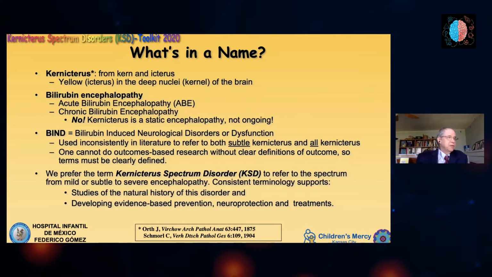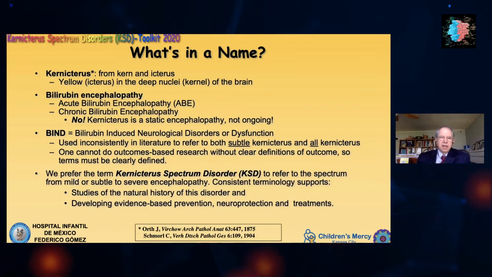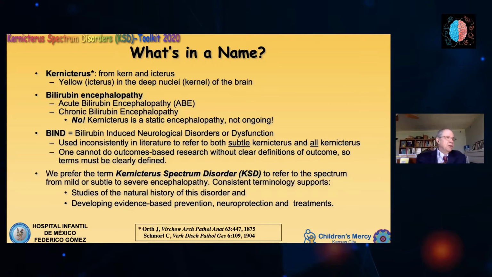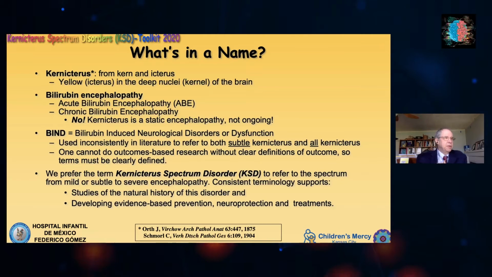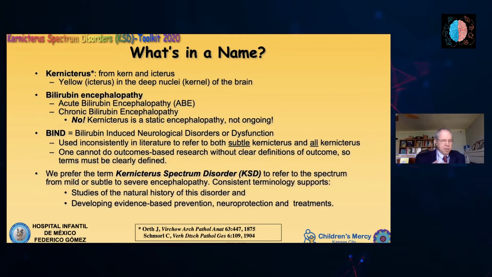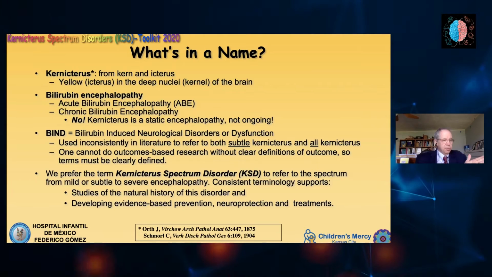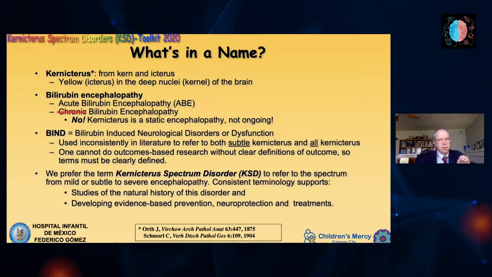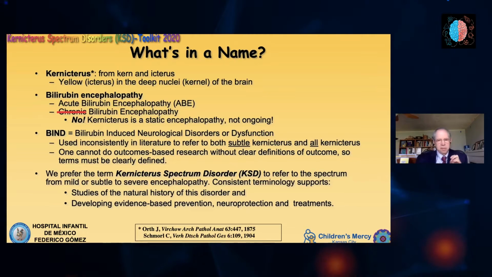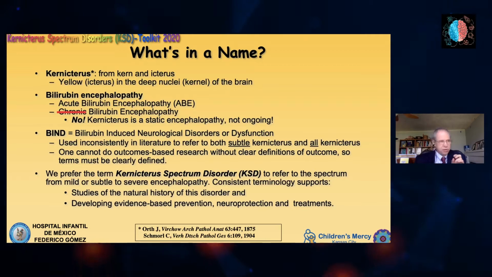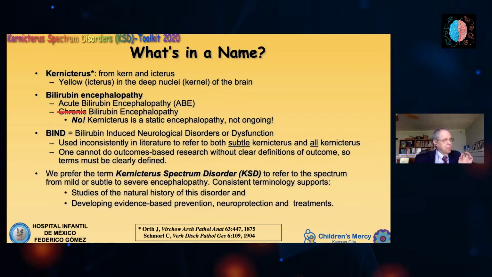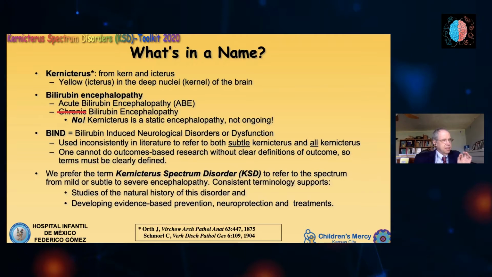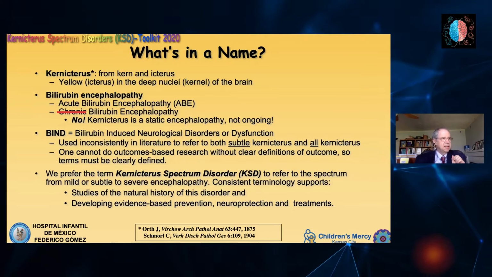What's in a name? Kernicterus comes from the Greek icterus, yellow, and kern, meaning kernel or deep nuclei of the brain. Bilirubin encephalopathy is a term we neurologists like to use, either acute, which is the acute symptoms in the newborn, or chronic. We don't like the term chronic anymore, as my colleague and friend Dr. Lipischon pointed out. Bilirubin encephalopathy later on is not chronic or ongoing, but it is a static encephalopathy.